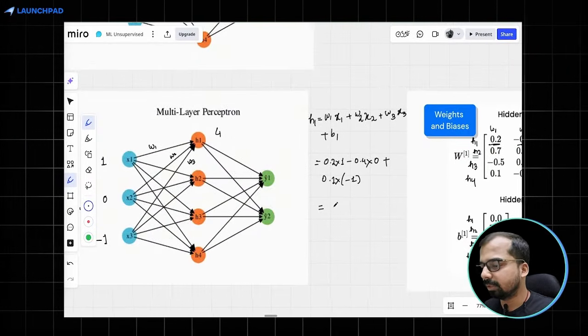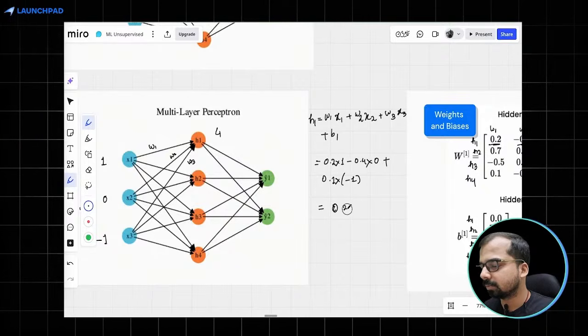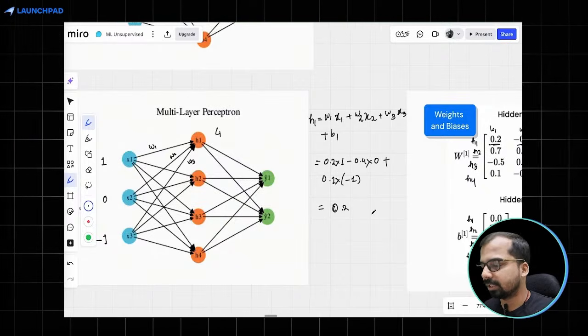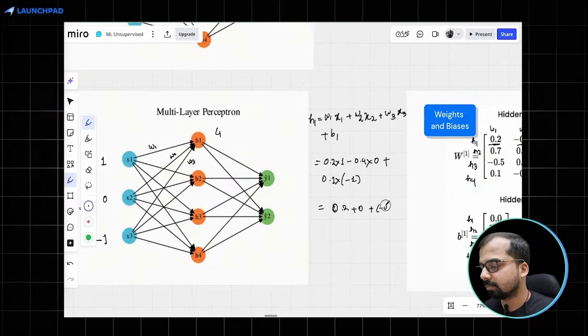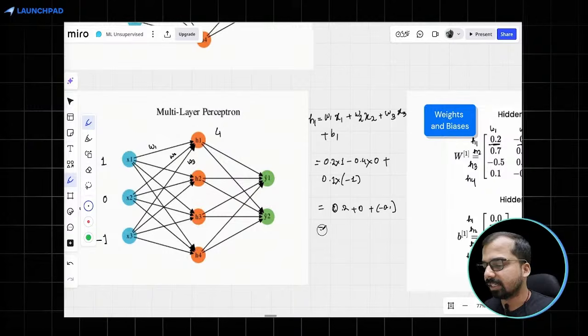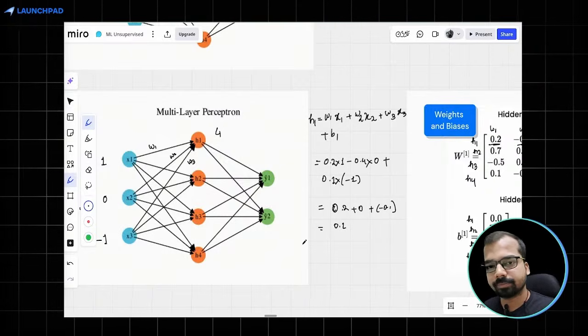So this comes out to be 0.2 plus 0 (minus 0.4 into 0 is nothing but 0) plus minus 0.1. So the final output comes out to be 0.1, right?